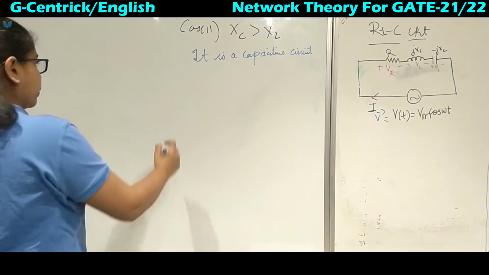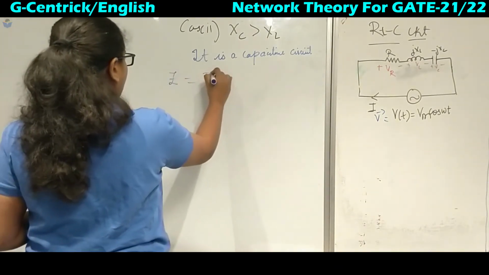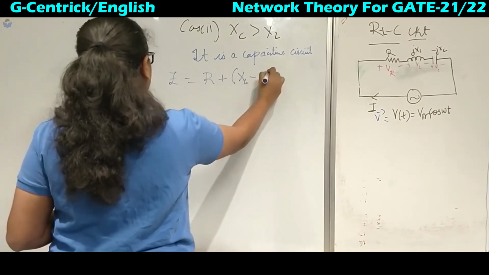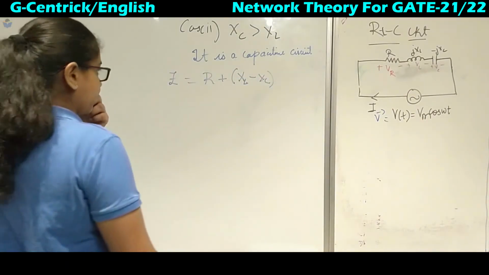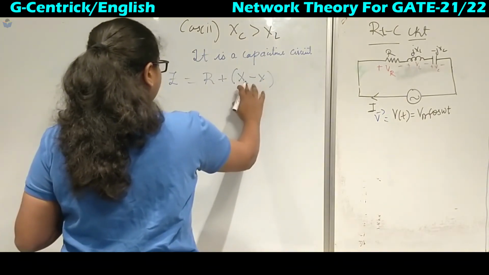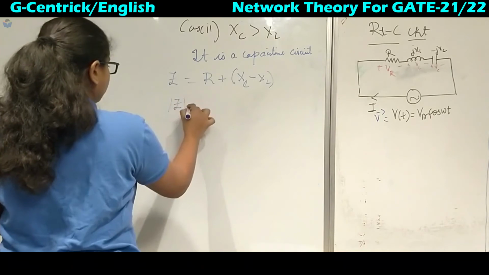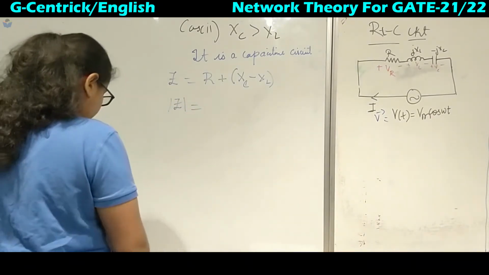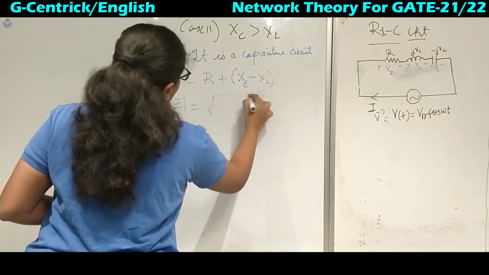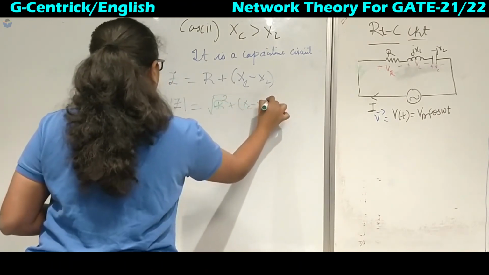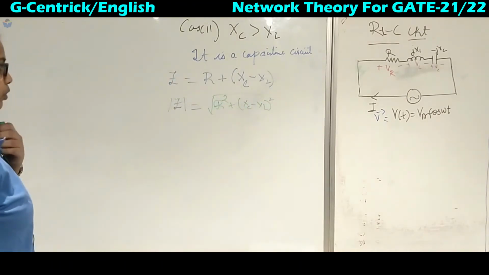Now we have Z equal to R plus j(XL minus XC), where XC is greater, so this will become XC minus XL. The magnitude of this one will not have any difference because it is in the square, so again it comes out positive.